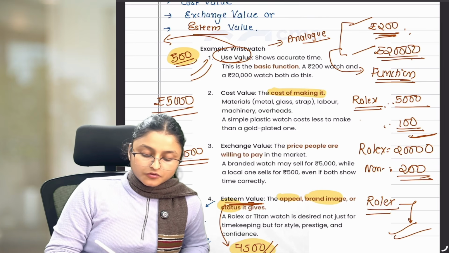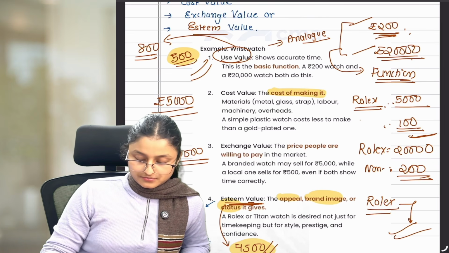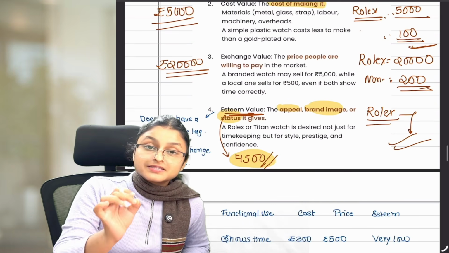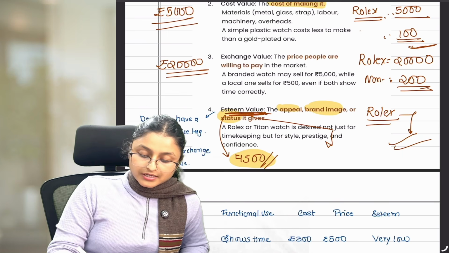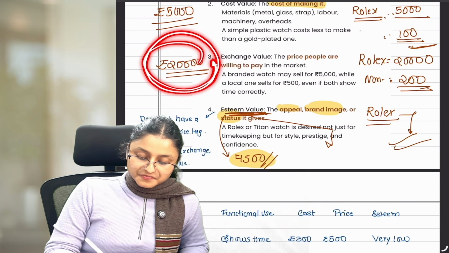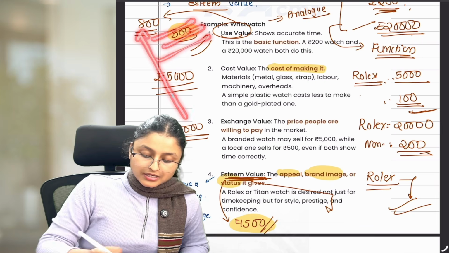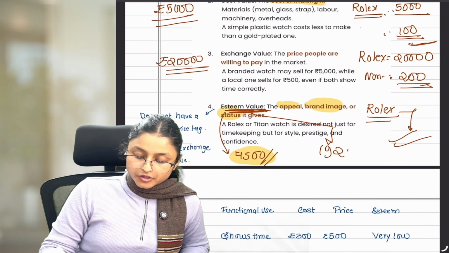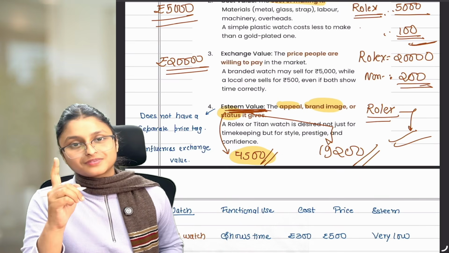For the basic function of the watch, let's assume that the customer is ready to pay 800 rupees only. And how much is the customer ready to pay for the esteem value? In total the customer is paying 20,000 rupees. For the basic function, he is paying only 800 rupees. The remaining 19,200 rupees, he is ready to pay only for the esteem value.